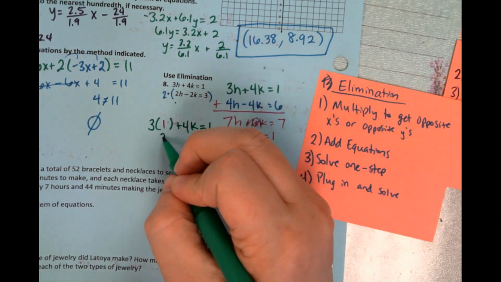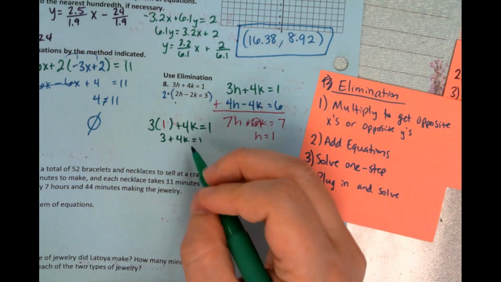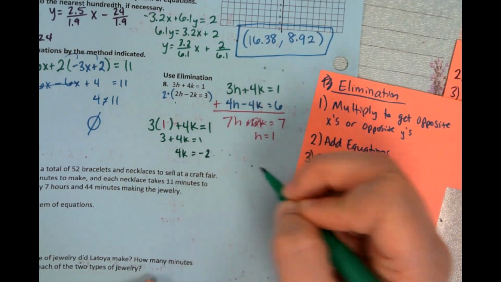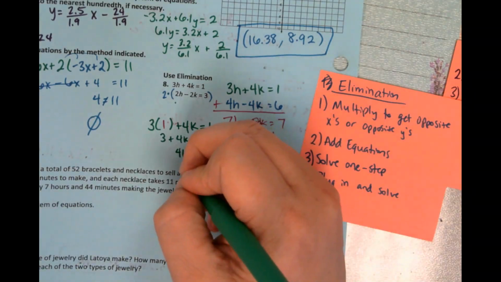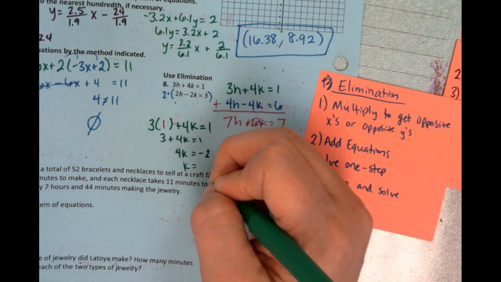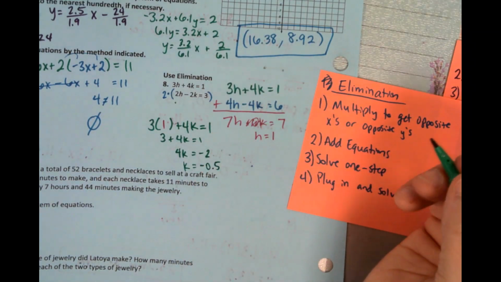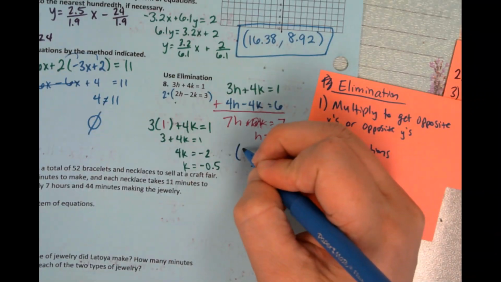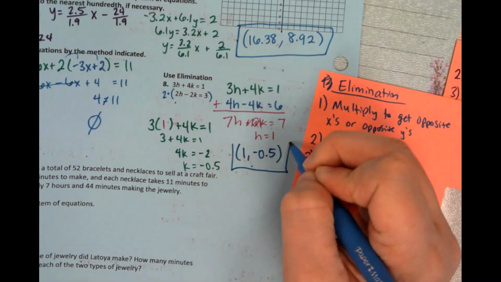So 3 plus 4k equals 1. I subtract 3, which means 4k equals negative 2. Divide by 4. Negative 2 divided by 4 is negative 0.5 or negative 1/2. This means my solution is the point 1, negative 1/2.